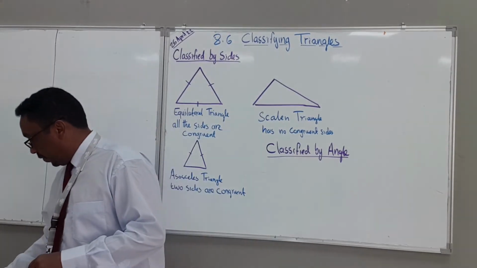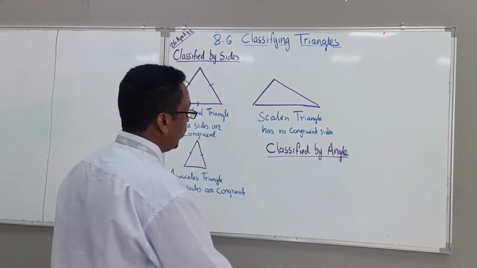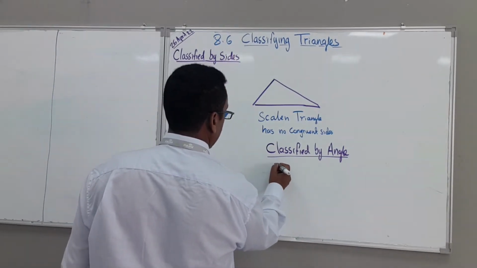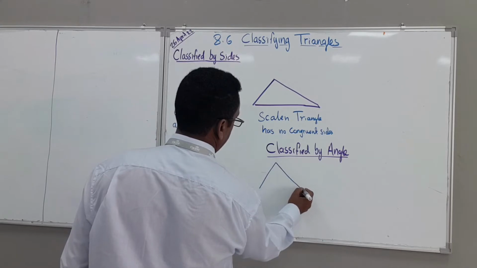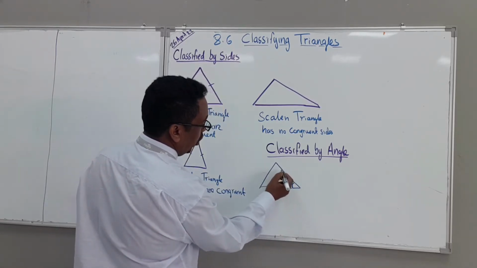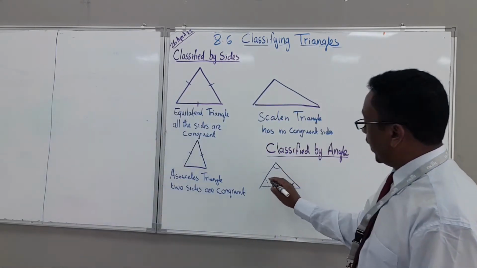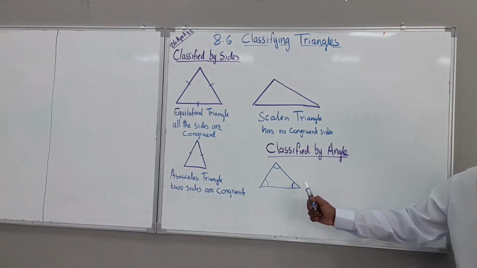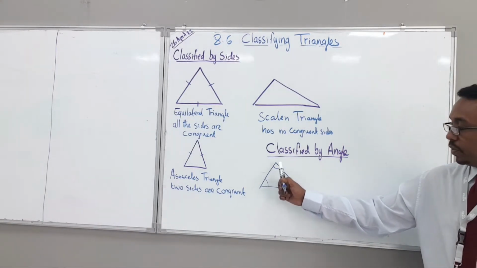Let's have a look at the first one. If we have a triangle like this, with one line here and another line here, what do you notice about it?